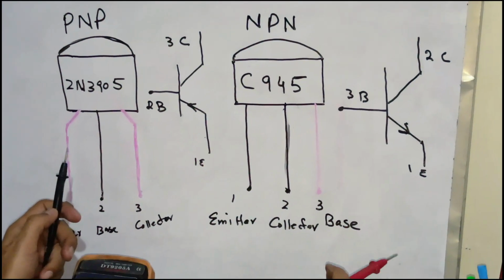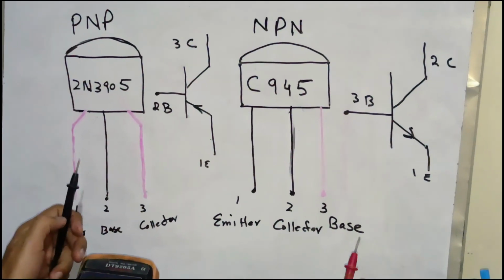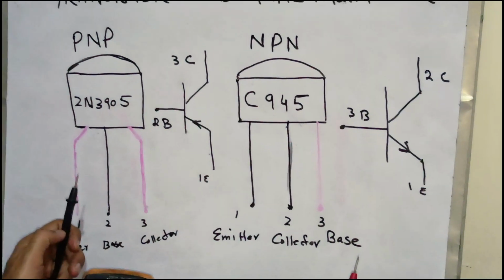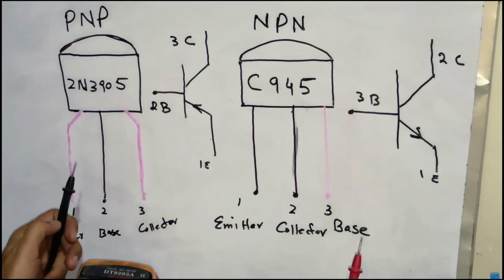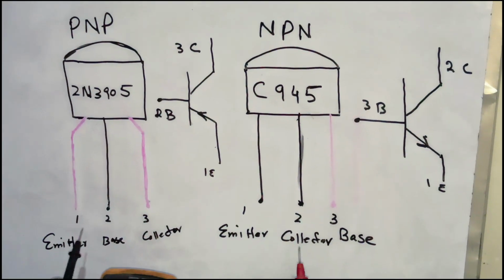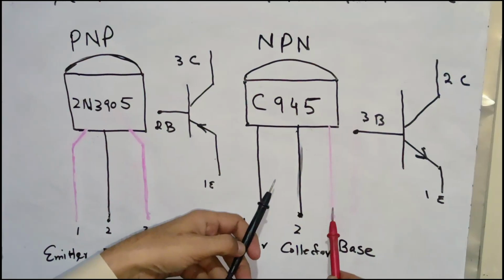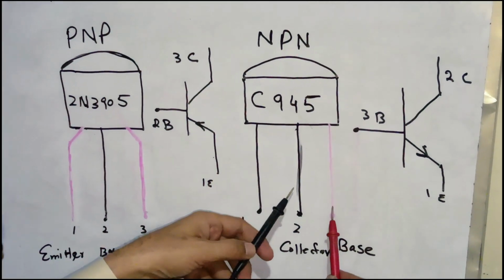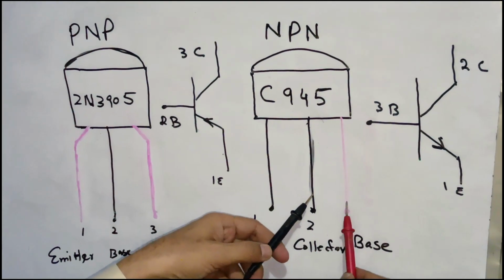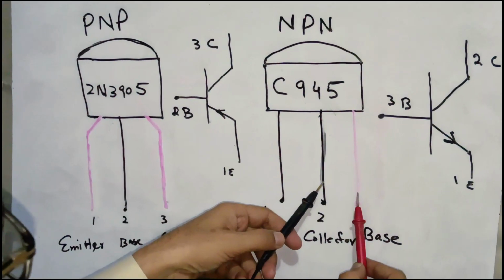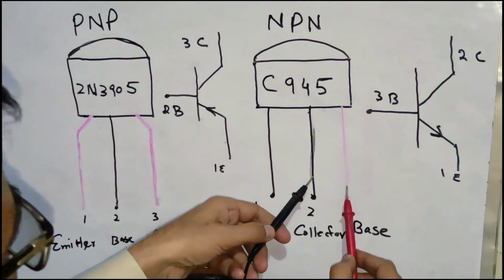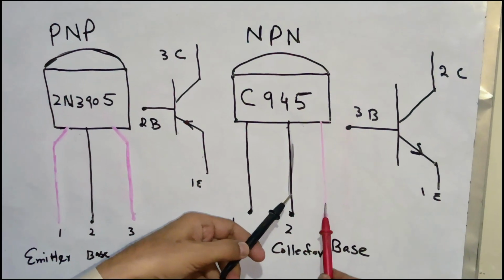But with a digital multimeter, we can also check whether this is an NPN transistor or a PNP transistor. If we connect the red probe with the base and the negative probe with the second terminal, it will show some resistance.